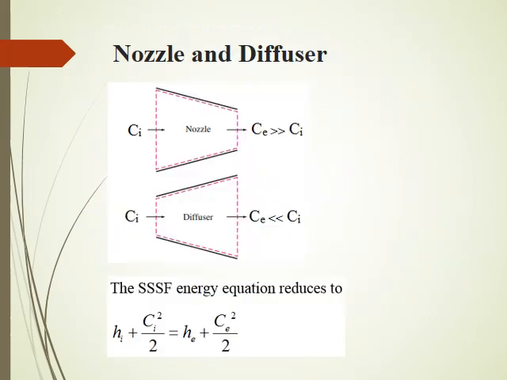These are the diagrams for nozzle and diffuser. In the case of a nozzle, the velocity of the outgoing stream is higher than that of the incoming stream, and in the case of a diffuser, the velocity of the outgoing stream is less than that of the incoming stream. The steady flow energy equation reduces to Hi plus Ci square by 2 is equal to He plus Ce square by 2.